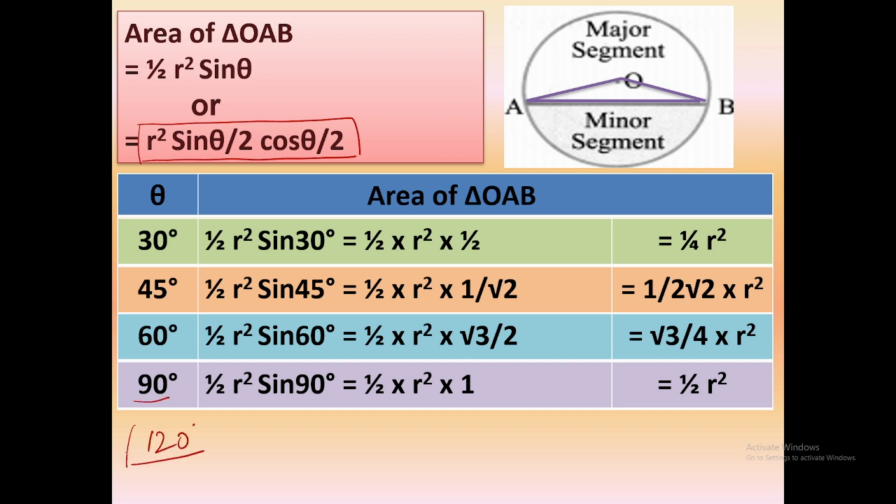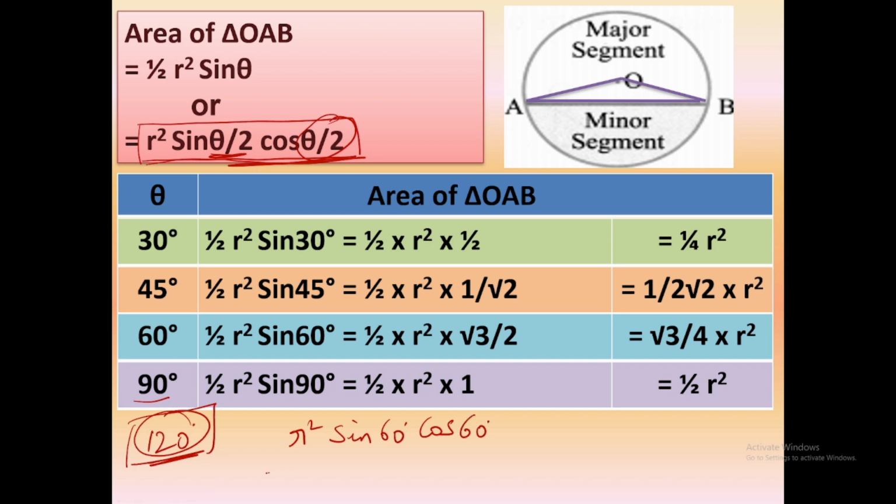So this will not come in the board exam, but still, just for your awareness, you should know that when theta is 120, then we are going to use this formula, that is r square, sine theta by 2 and cos theta by 2. Since theta is 120, 120 by 2 will become sine 60, and cos again 120 by 2 will become cos 60.